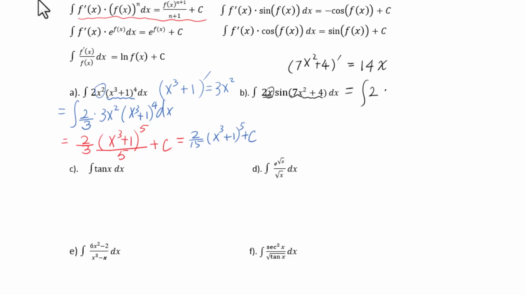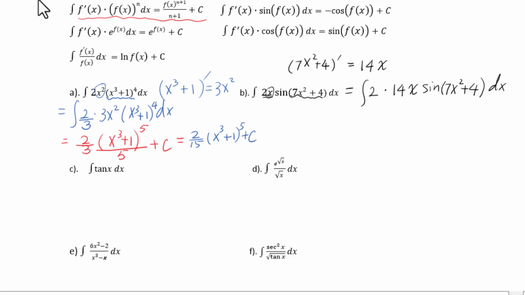So 2 over 14 times 14x times sine of 7x squared plus 4 dx. Since you multiply by 14 here, you need to divide by 14, then reduce. You will get 1/7.